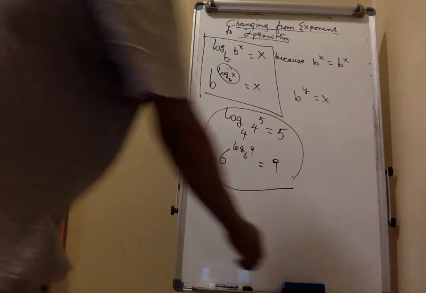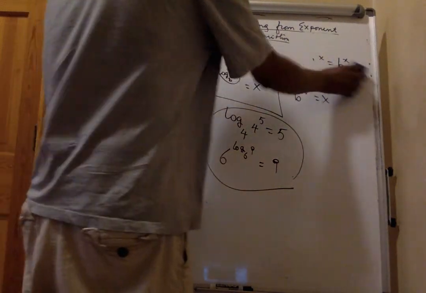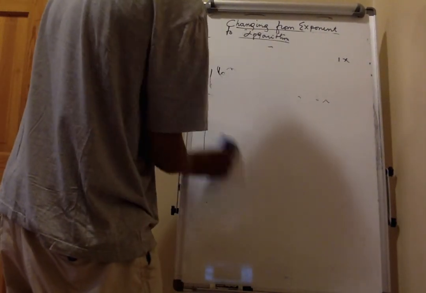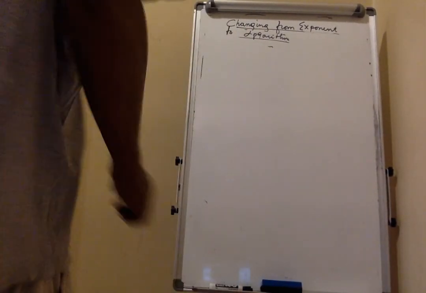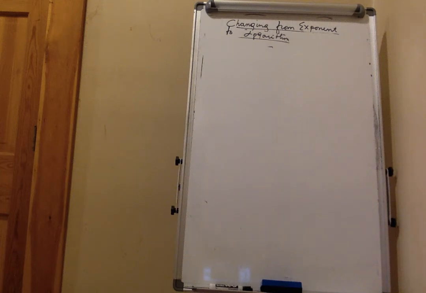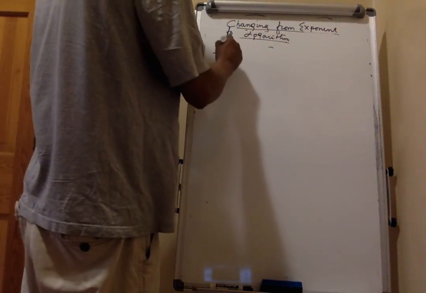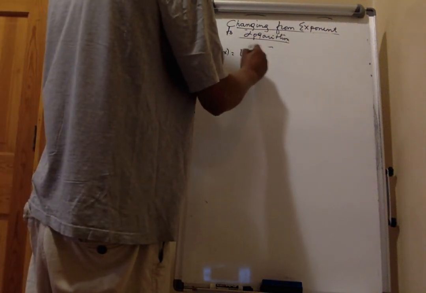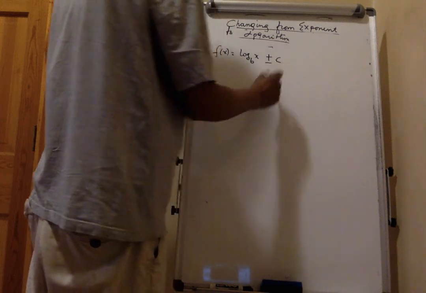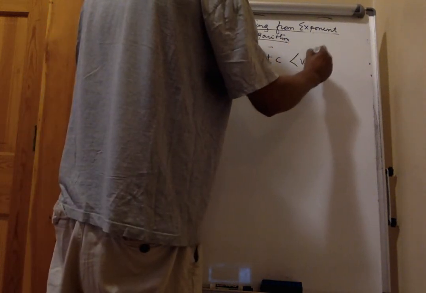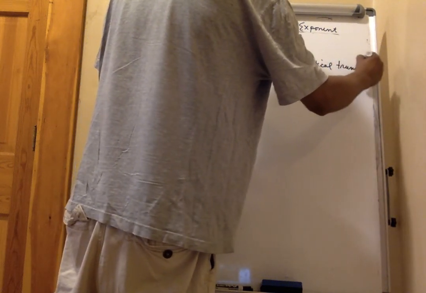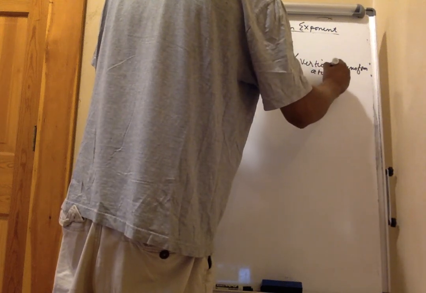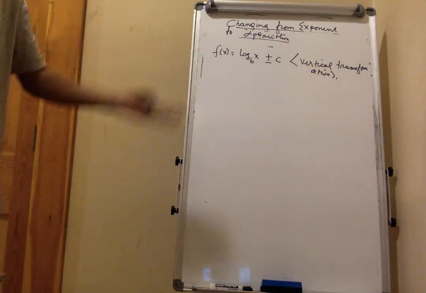Now we are going to write the transformation. f of x is equal to log b of x plus or minus c. This is a vertical transformation. Either the graph is going up or down.